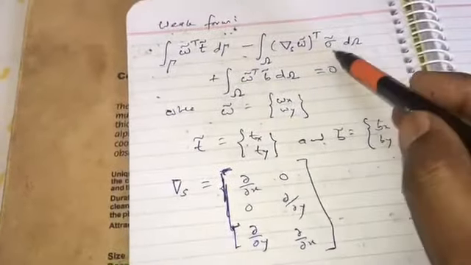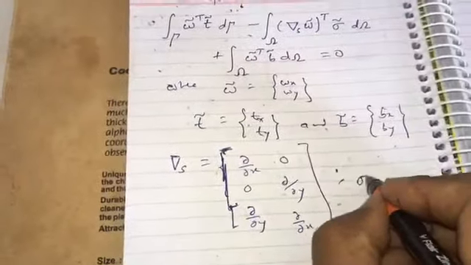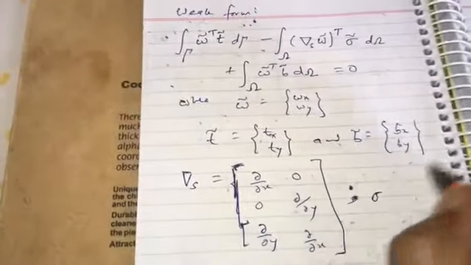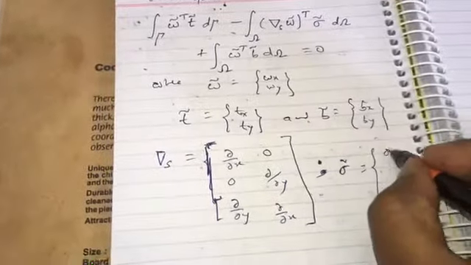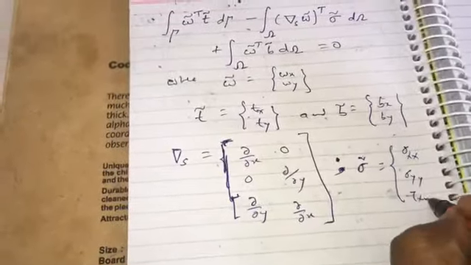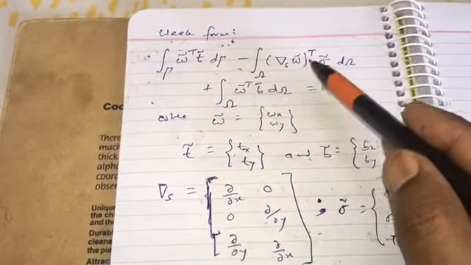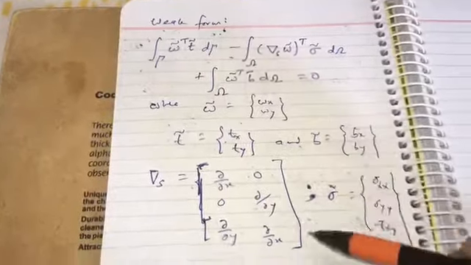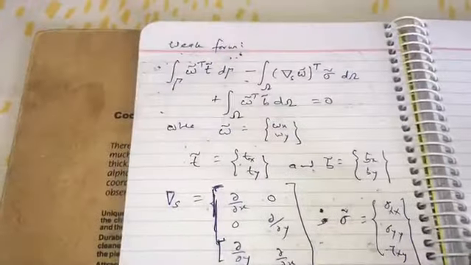In this expression, we have sigma vector, which is sigma xx, sigma yy, and tau xy. Okay, all other things have been covered already. So this is the final weak form.